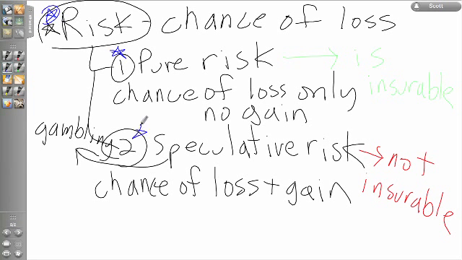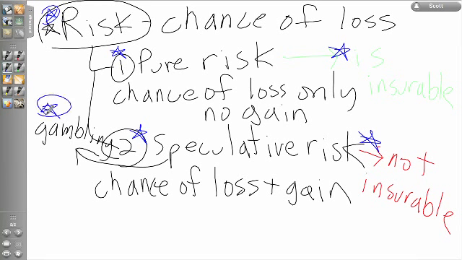Test question number 3, definition of speculative risk: risk situation where there's a chance of loss and a chance for gain. Question number 4, what type of risk is insurable? Pure risk. Question number 5, what type of risk is not insurable? Speculative risk. Test question number 6, what's an example of a speculative risk? Gambling.